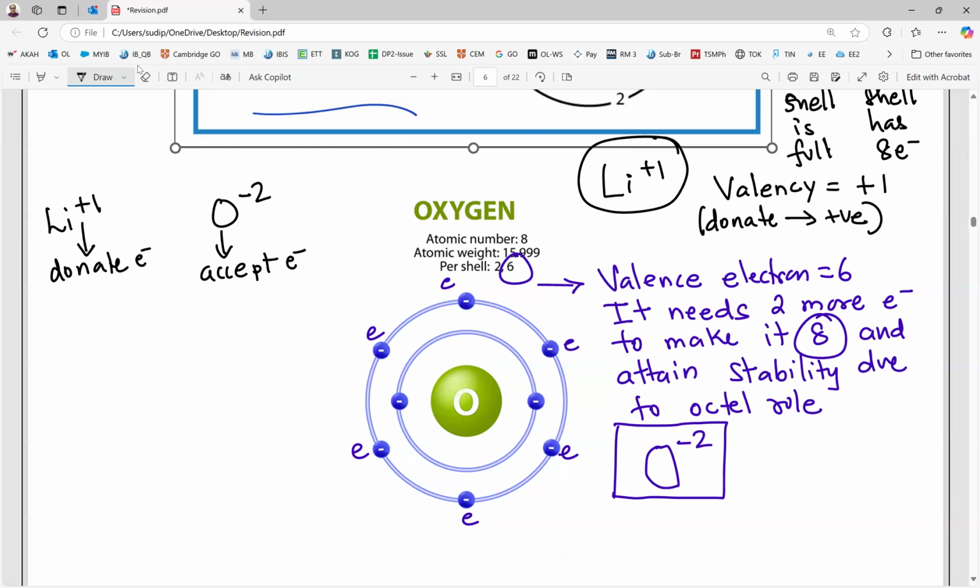So in this case, oxygen is ready to accept, so it is easy to add electrons. Moreover, it needs electrons. So it's very easy to add the electron. This also means that we need less energy to add.